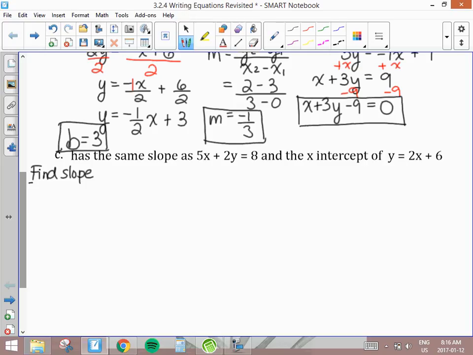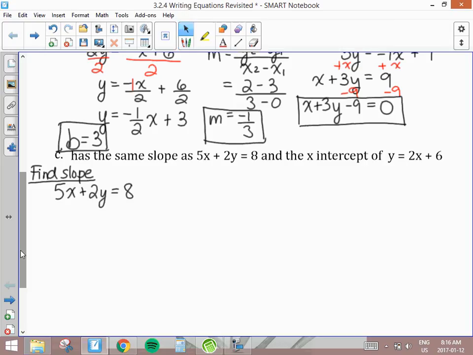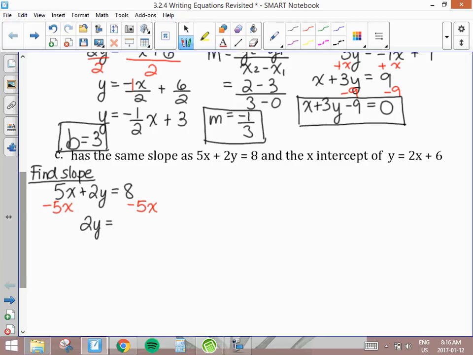So in order to figure out what that slope is, I'm going to make 5x plus 2y equals 8 look like y equals mx plus b. That means I need to get the y by itself, so I'm going to start by getting rid of the x and moving it to the other side of the equal sign. Since it's a positive 5x, I'll subtract 5x from both sides. And then I'm going to divide everything by 2.